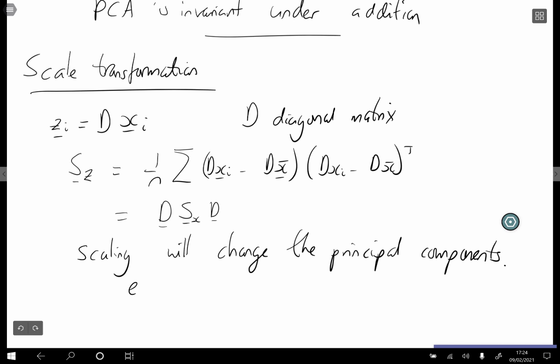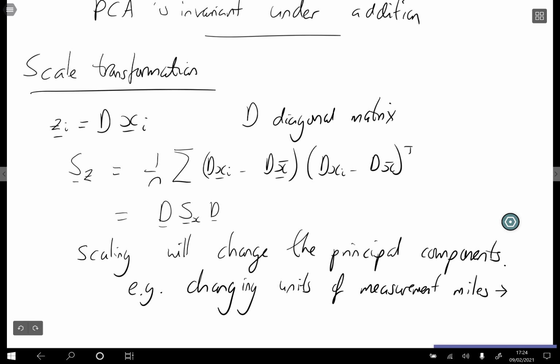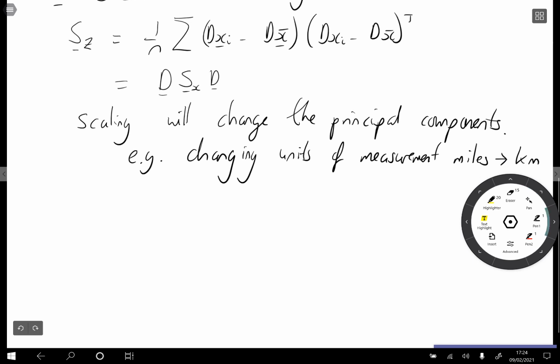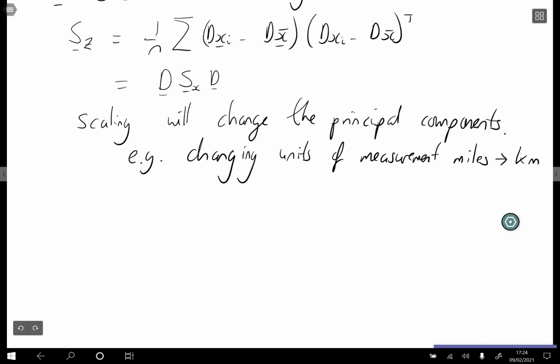For example, changing units of measurement, miles to kilometers, will change the answer you get in your analysis. And that's often undesirable. That's not something we should be too comfortable with.